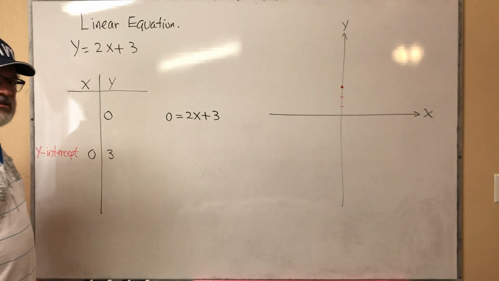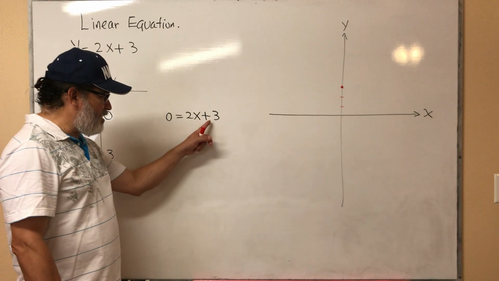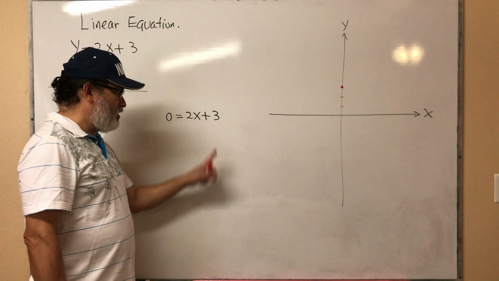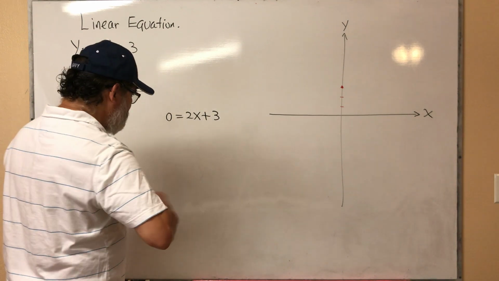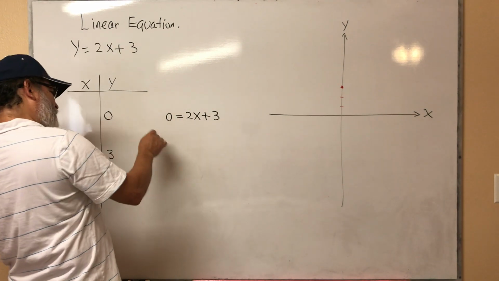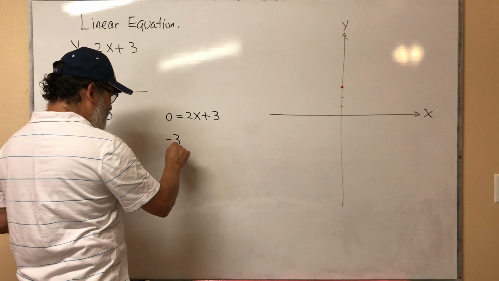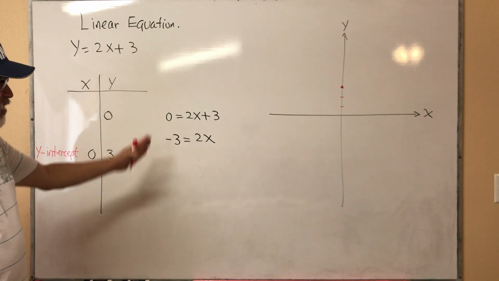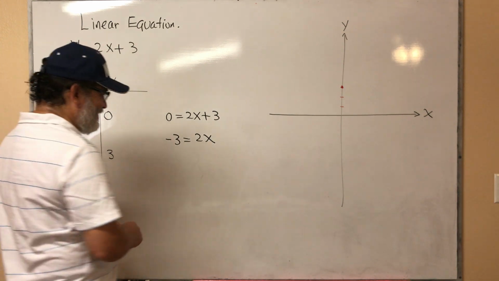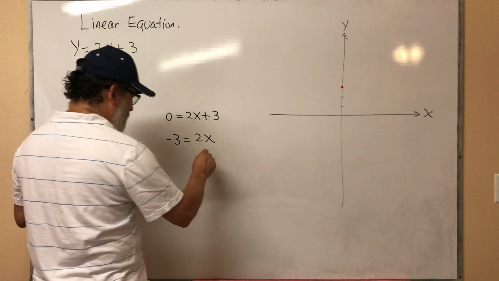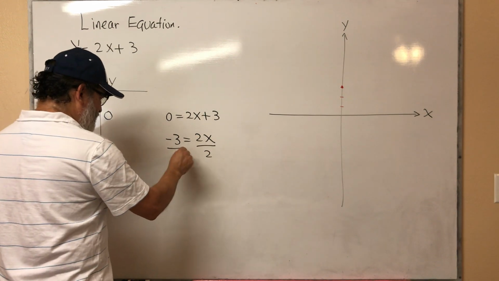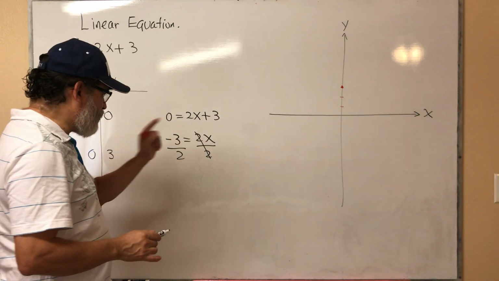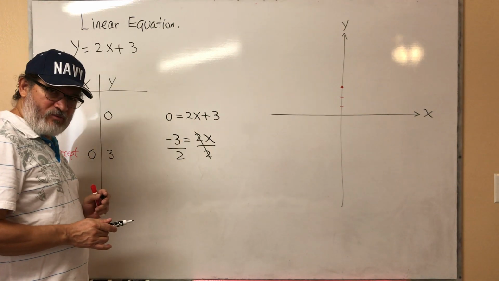I'm going to solve for x. To solve for x, I need to subtract 3 and then divide by 2. So let's subtract 3, or just bring it over. So negative 3 equals 2x. And now divide this by 2. The 2's cancel. And so now x equals negative 3 over 2.